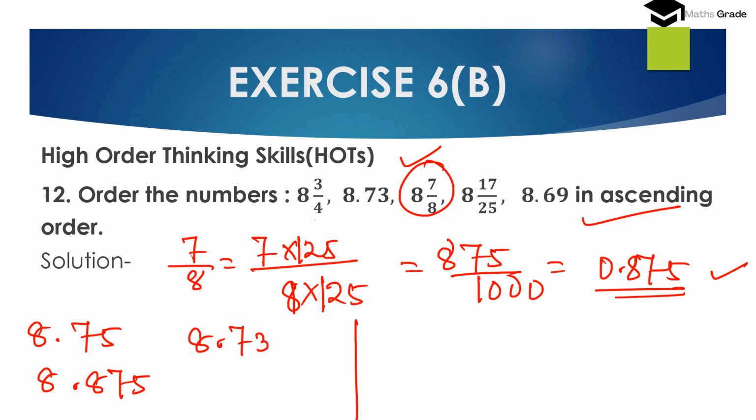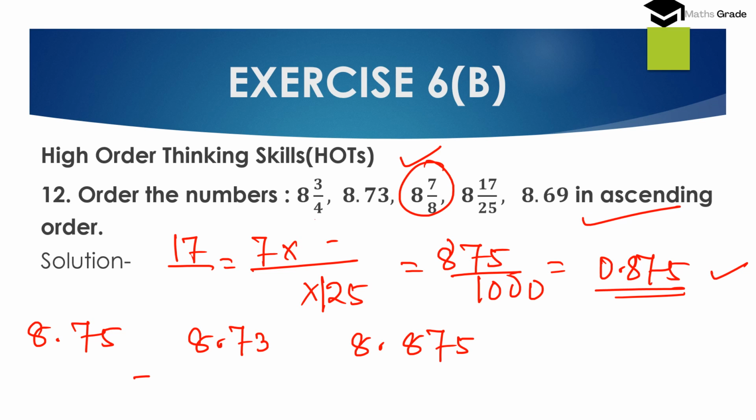Now 17 divided by 25. Here in the denominator 25, convert this denominator to 10 or a multiple of 10.